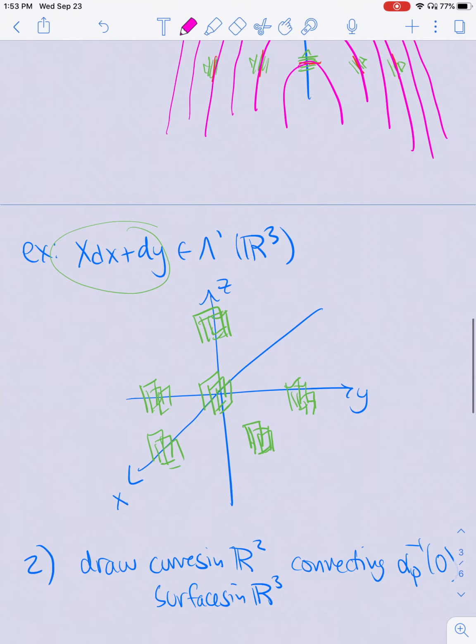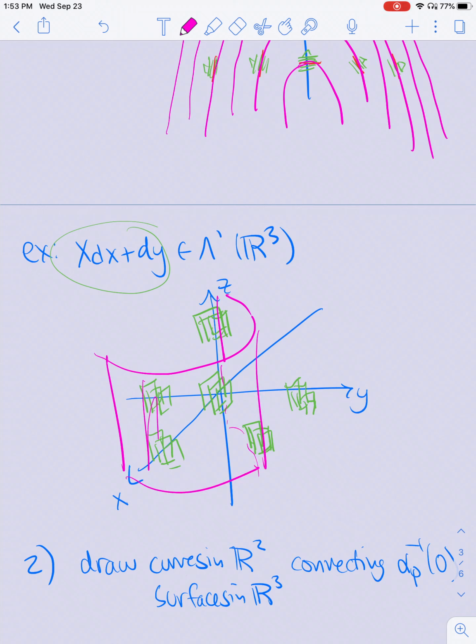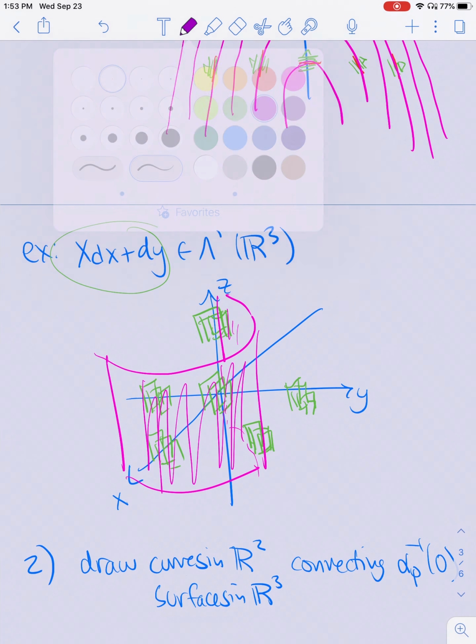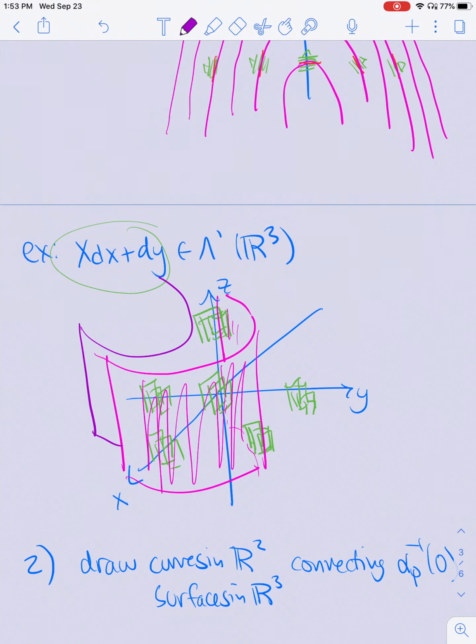And then here I need to also include the z direction, so I'll have curves that look like surfaces that look like this. And they'll be filling up the whole space. Maybe I'll draw one more up here. Something like that.